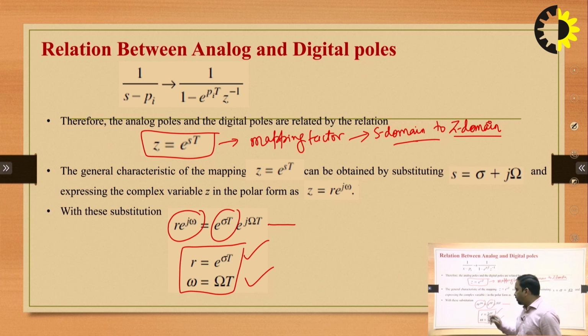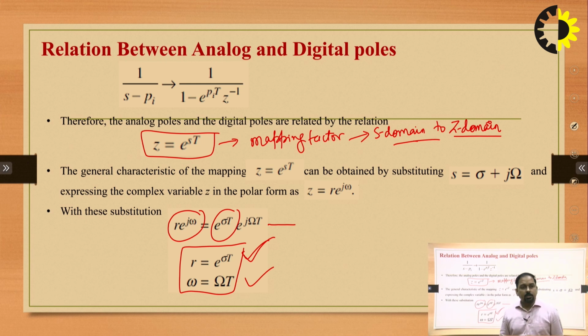And the first equation, r equals e raised to power sigma t, basically gives the location of poles, whether the analog domain poles are mapped in the z domain and at what location. So the location can be obtained by using this particular equation.